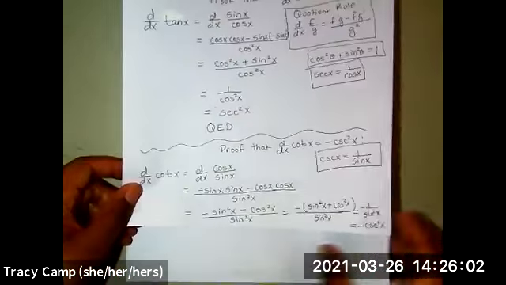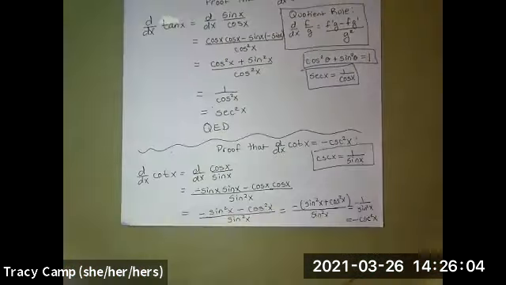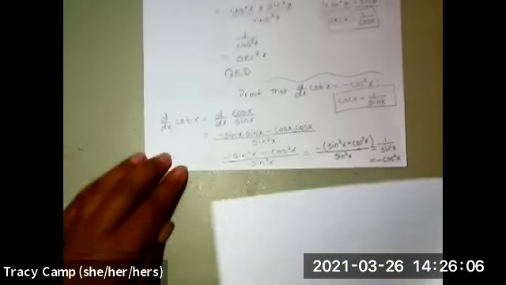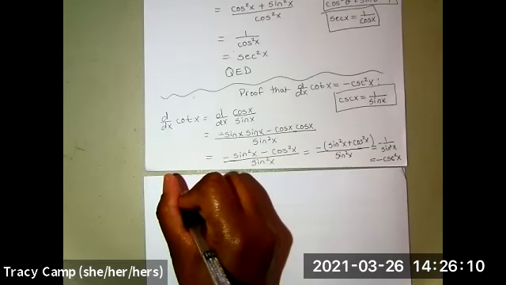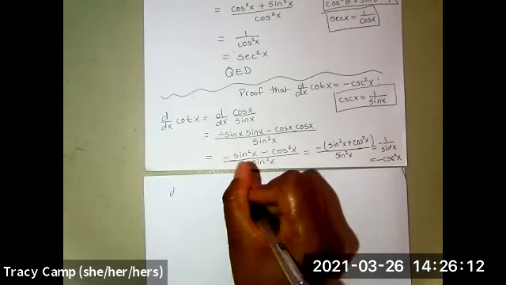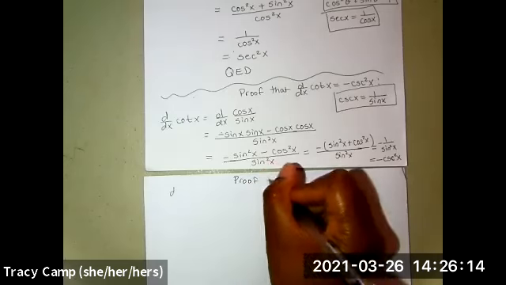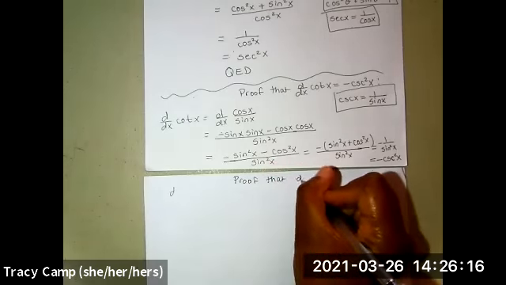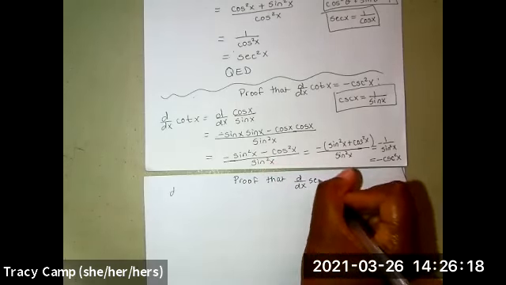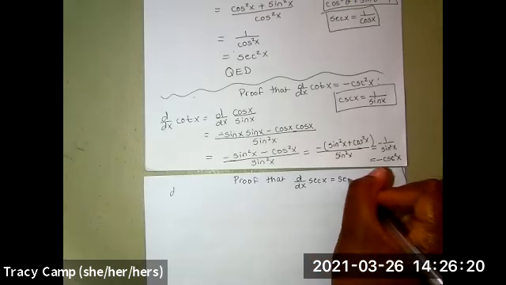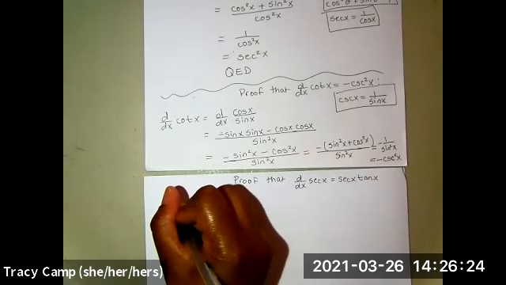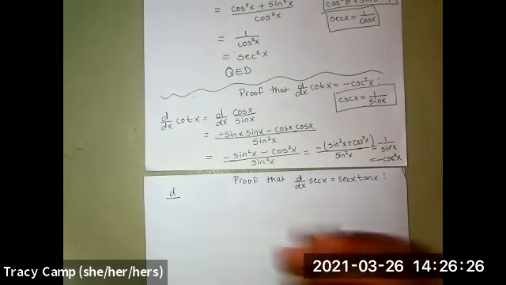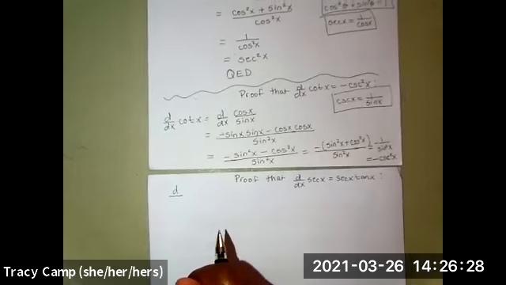I don't have room to put QED, but, and then for the derivative of secant, prove that the derivative of secant x equals secant x tangent x. Same thing.